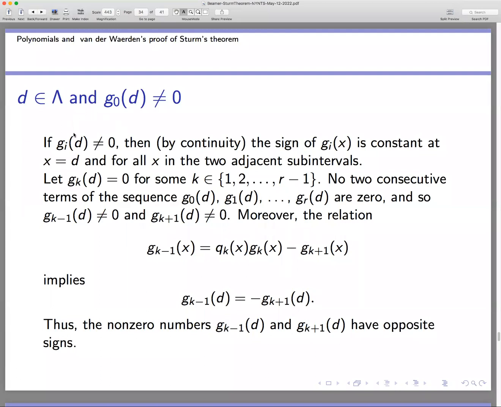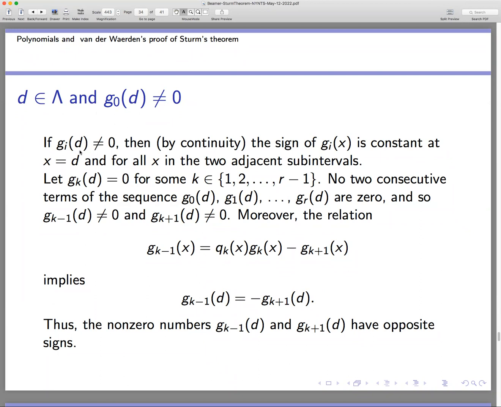So let's take a number d, which is a root of one of the polynomials, but not of the zeroth polynomial. So G_i of d is 0 for some i between 1 and R-1. The G_R polynomial is just the constant function 1, so that's never 0.